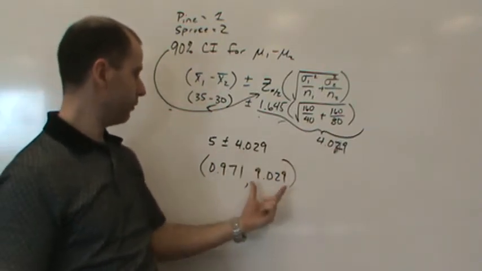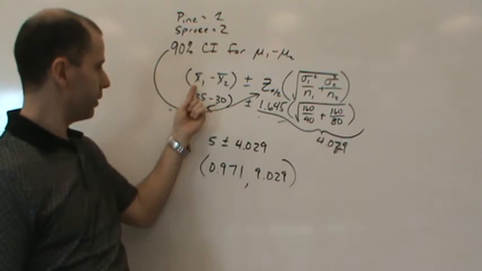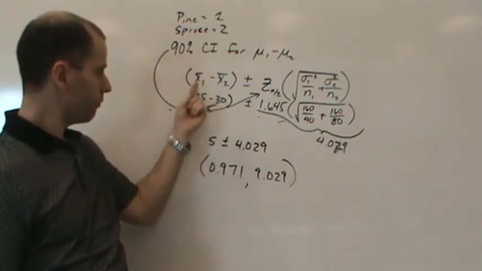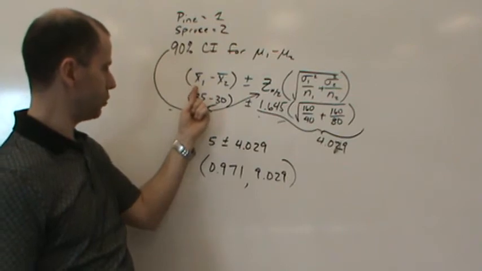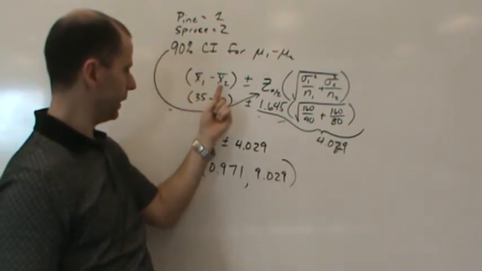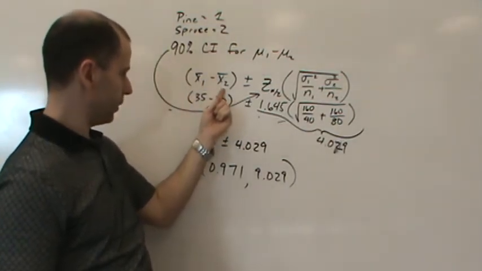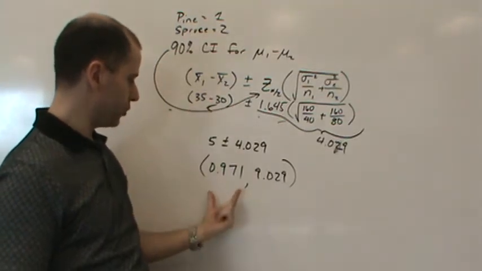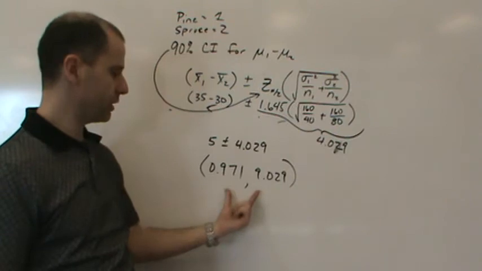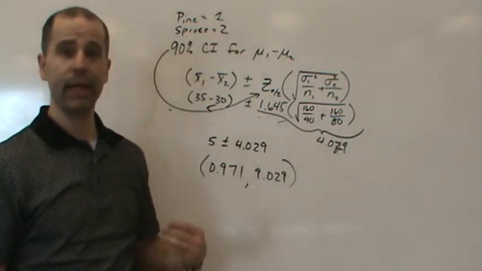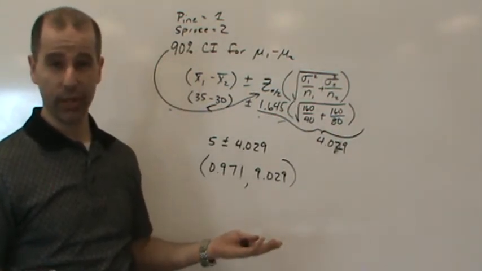Now it's positive, which means, what do we notice about spruce trees? Well, pine trees were first, so you're taking pine tree diameters minus spruce tree diameters, and we have positive values. Notice also 0 is not in the interval. If 0 were in the interval, then we would conclude that there really is no difference.